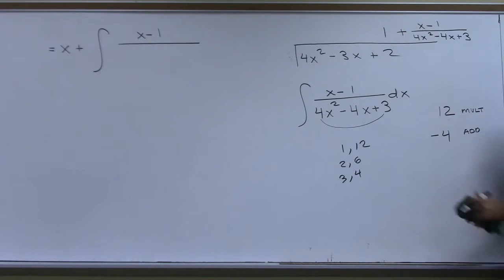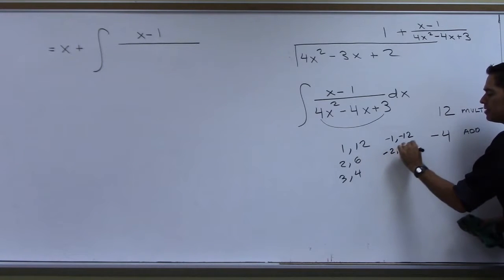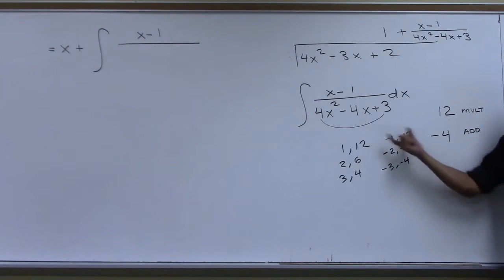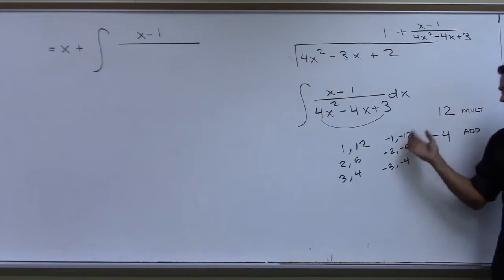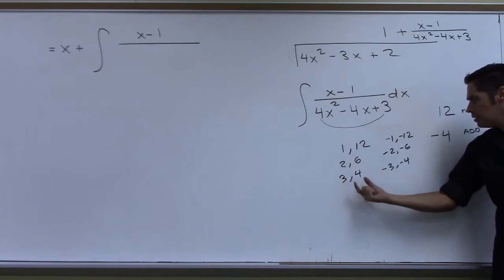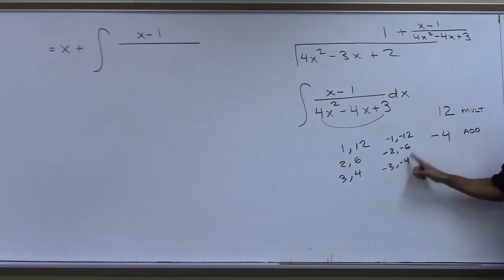And of course, you could also do -1, -12, -2, -6, -3, -4, right? But there's no other way to get 12 than these combinations. But if you add any of these two together, you cannot get -4. None of these add up to be -4.